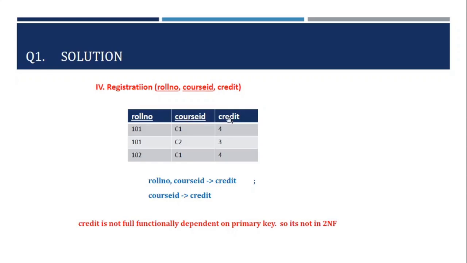And credit does not depend on the whole primary key, on the combination of roll number and course ID. Credit only depends on course ID alone. So this second dependency, course ID determines credit, is a partial functional dependency, because credit is not fully functionally dependent on the primary key, roll number, comma, course ID. So this schema is not in second normal form.